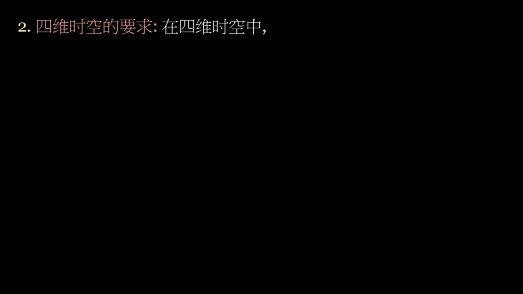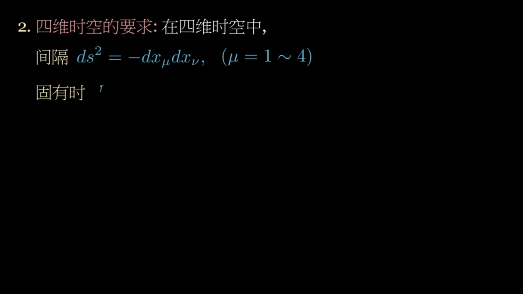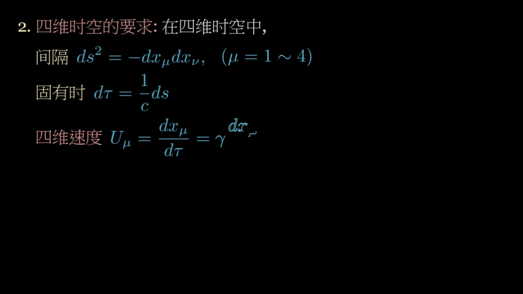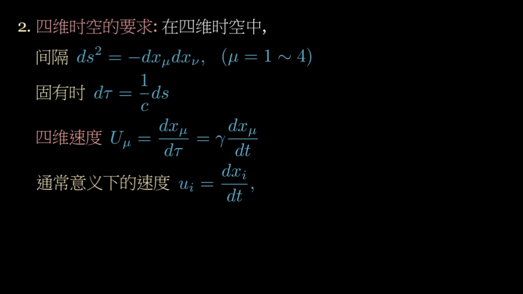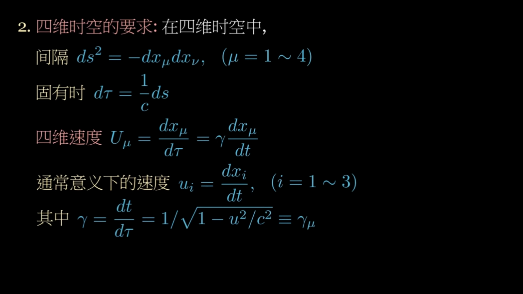Four-dimensional spacetime requires this. In four-dimensional spacetime, there is the spacetime interval ds squared, where μ takes 1 to 4. Then the relationship between proper time d tau and ds. What about the four-dimensional velocity? It is u-mu, and this is gamma. The speed in the usual sense is u-i, where i takes 1 to 3, where gamma is equal to dt divided by d tau.